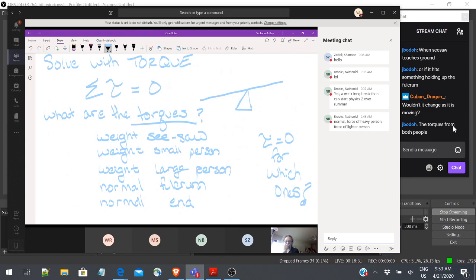Okay, we'd have torque from both people. Are any of these going to be 0? Normal at the fulcrum. Why? You're correct. No radius. There you go. Good. So this one's 0. How about any of the others? There's one more.